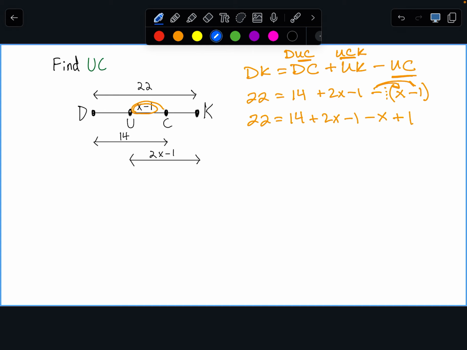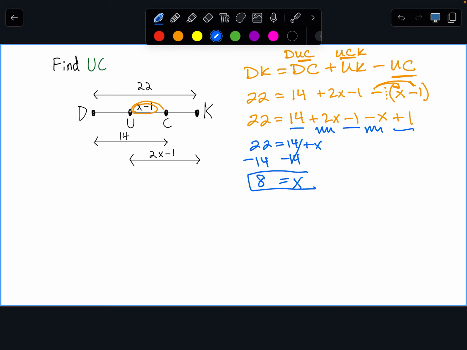So when we combine like terms, 14 minus 1 is 13, plus 1 is 14 again. And then 2x minus x is plus x. And then we subtract 14, and I get x is 8.